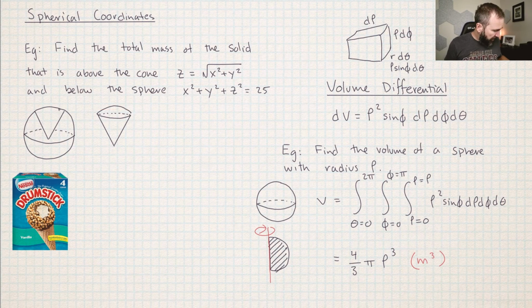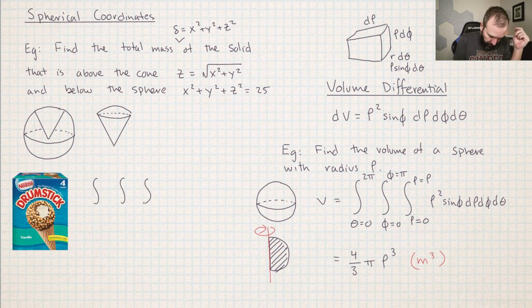Okay. All right, so let's just jump right into this. We're asked to find the total mass. Oh, I didn't give us a density. Let's say the density is delta equals x squared plus y squared plus z squared. Okay, let's find the total mass. So I'm going to set this up as a triple integral of delta.